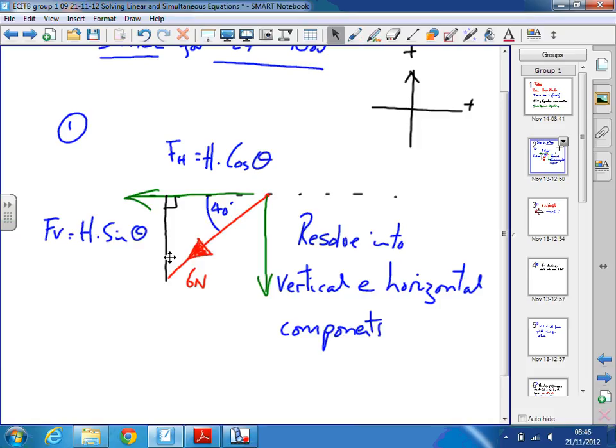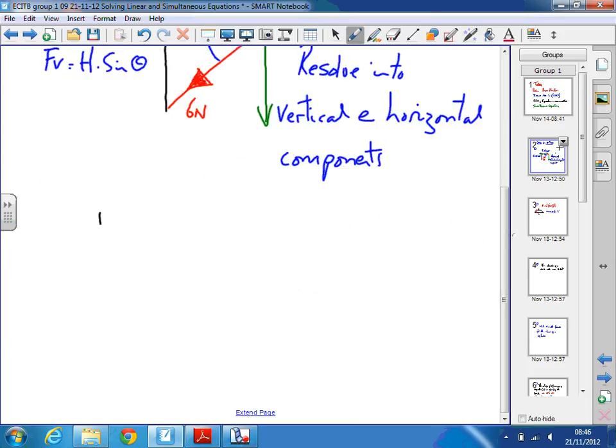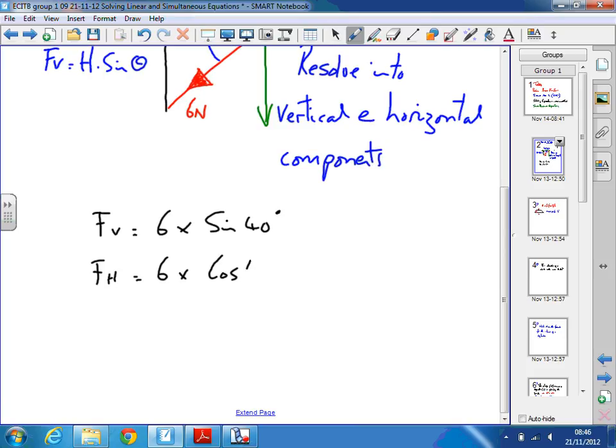It's not always sine for the vertical and cosine for the adjacent, because it depends which angle you're given, but it's often this way round. And then we just do the calculation. So FV is going to equal 6 times the sine of 40 degrees, and FH is going to be 6 times the cosine of 40 degrees.